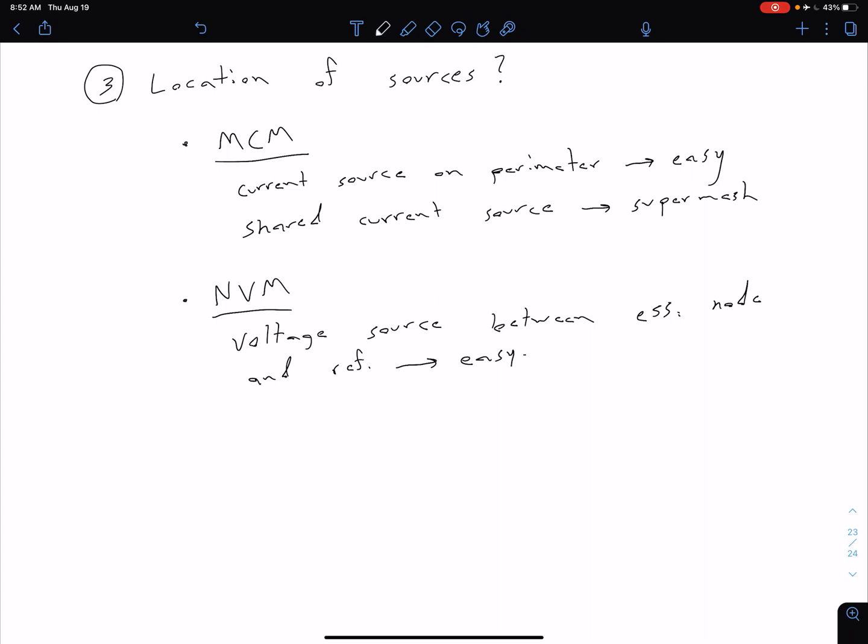However, there are some cases where we could have a voltage source between two essential nodes. This voltage source has to be alone, so no resistors, between two essential nodes, neither of which is the reference.